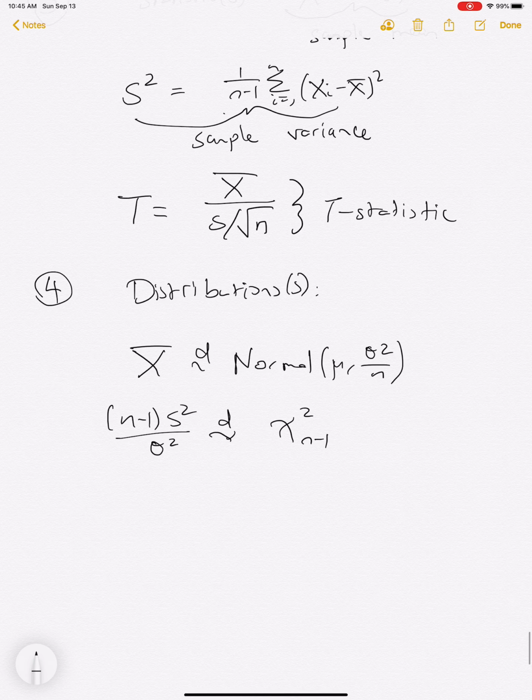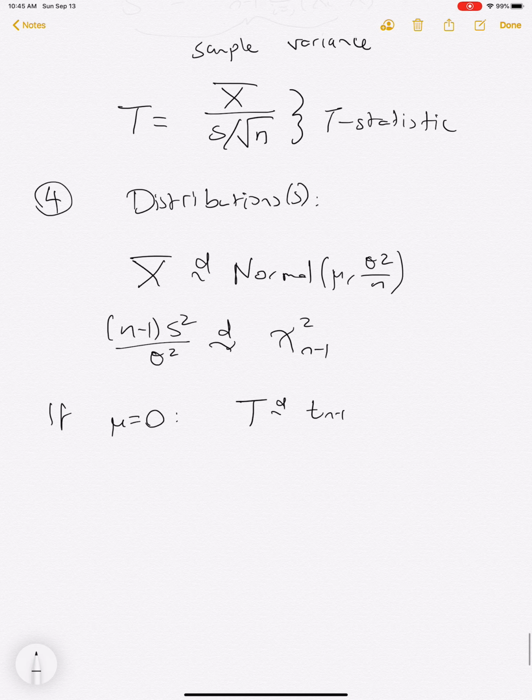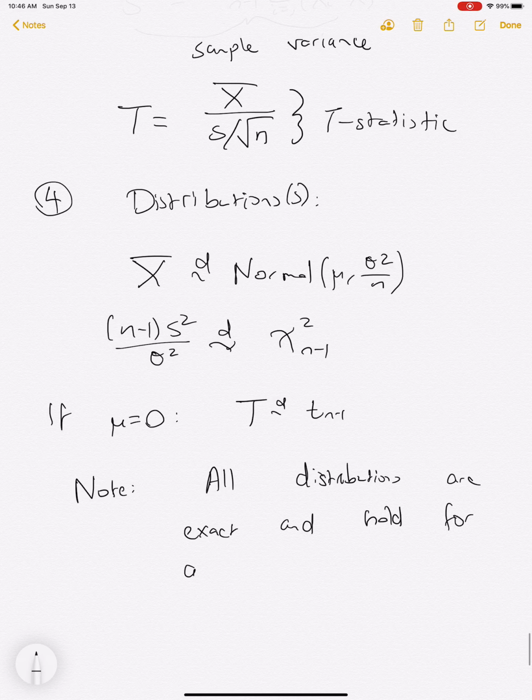And if mu is 0, then we have this additional nice result that t has a t distribution with n minus 1 degrees of freedom. One thing to note is that all these distributions are exact and hold for all n.